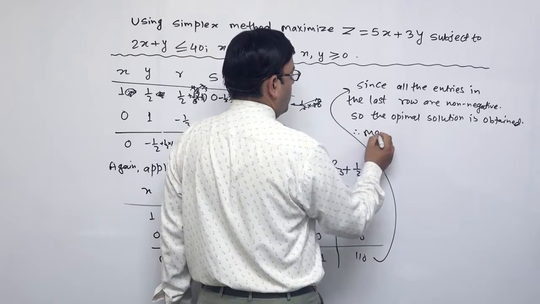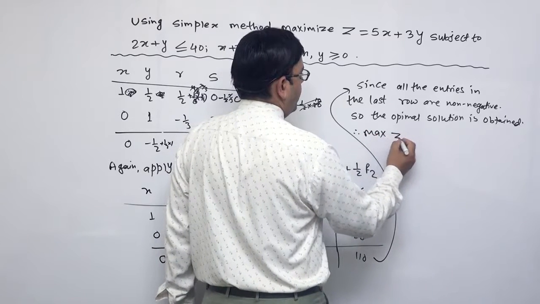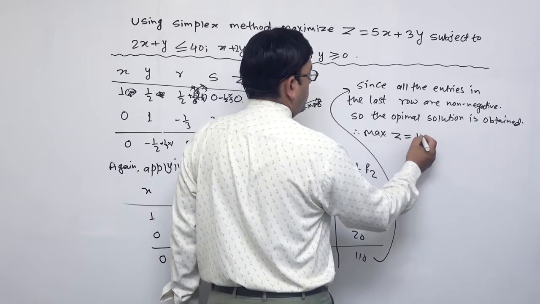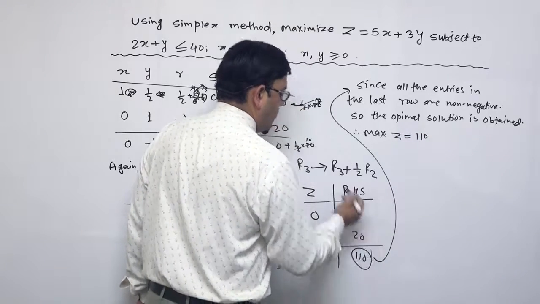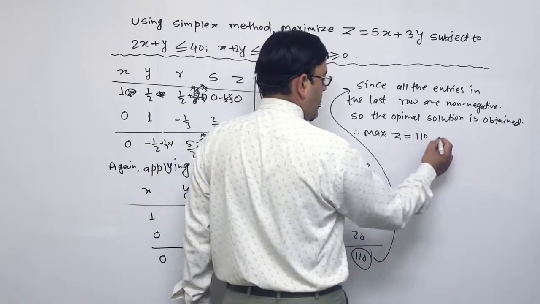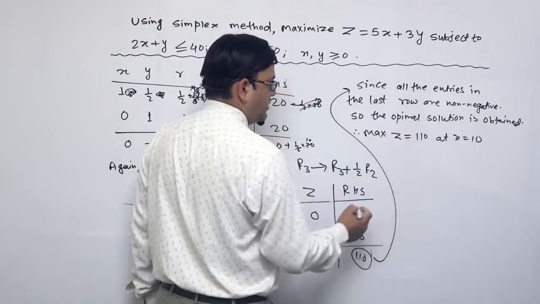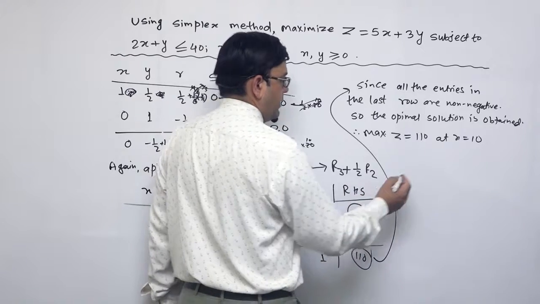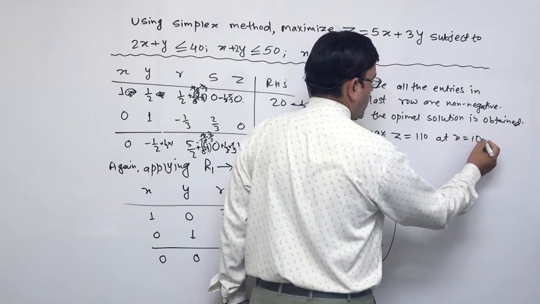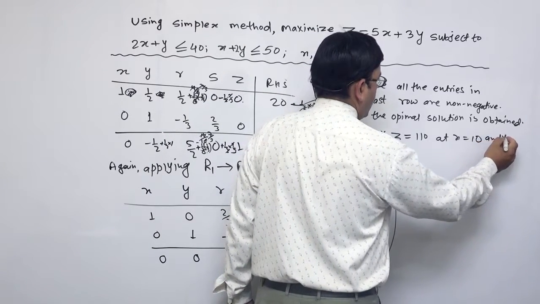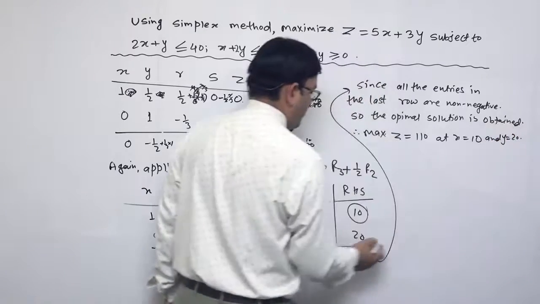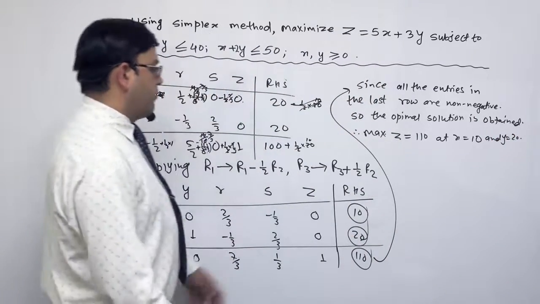Therefore, the maximum value of z is equal to 110. This is the maximum value of z at x equal to 10 and y equal to 20. This is how we found out y as 20.